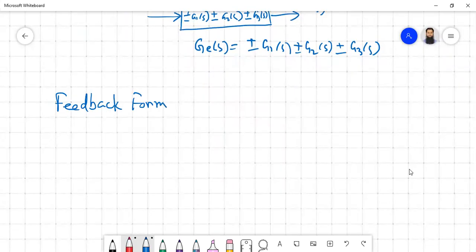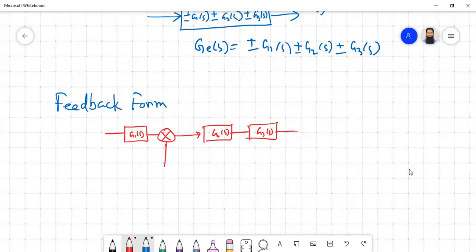In the feedback form, in chapter 1, we have given one generalized feedback, something like this. Say this is G1S, then you have a summing junction, then you have G2S, then you have G3S.